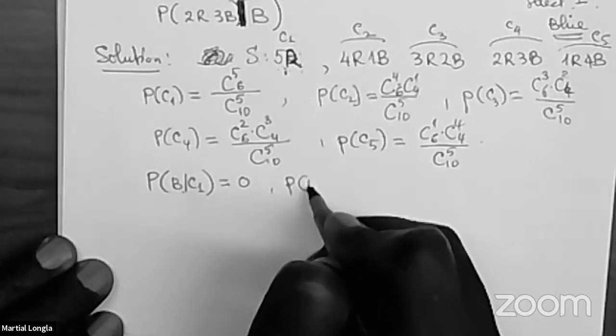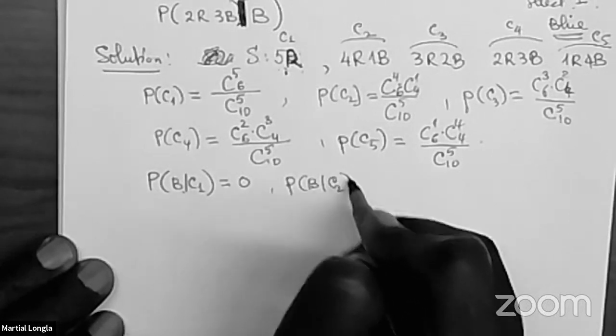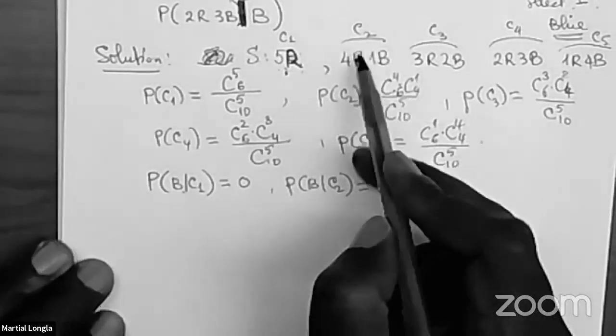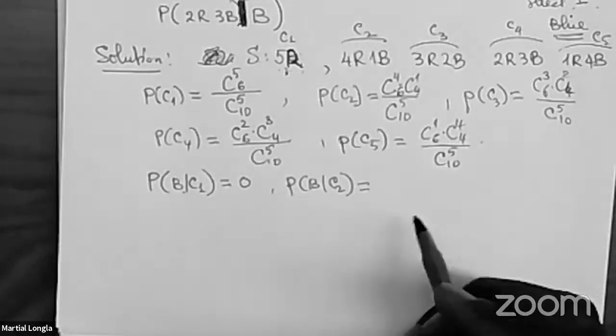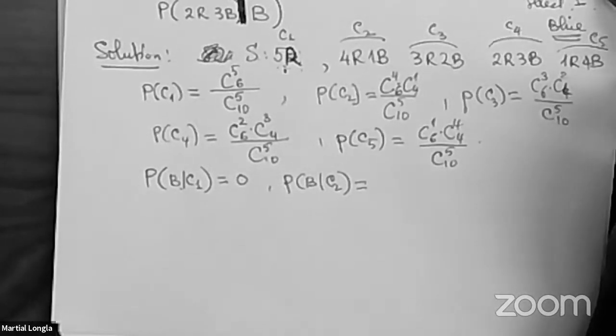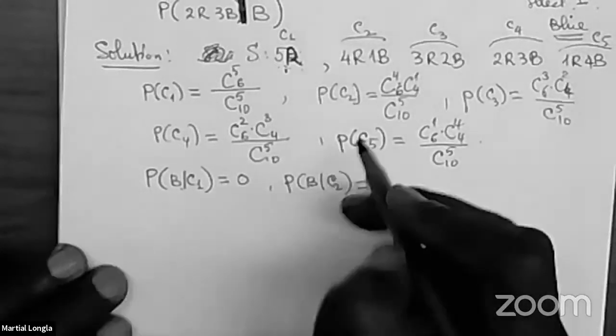The probability of blue given C2. C2 is take 4 reds and 1 blue, put in there. So right here, I have 5 balls of which 4 are red, 1 blue. What's the probability of having a blue? 1/5, because there are 5 and 1 is blue.